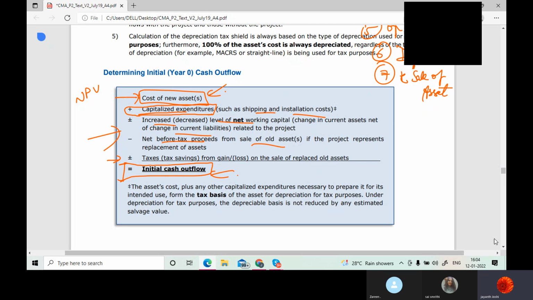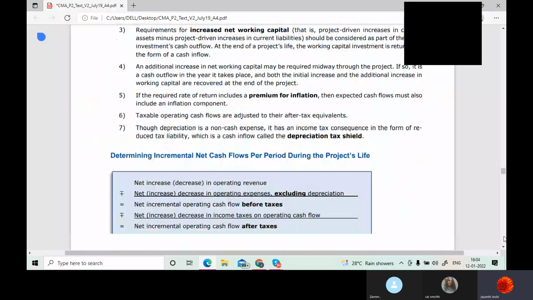We'll see whether they have done a question on this or not.